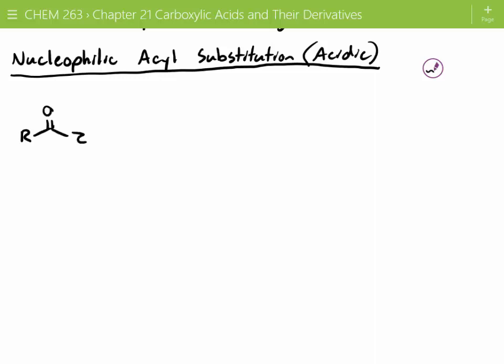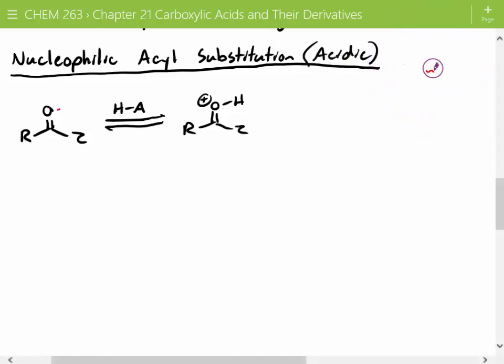All right, so if we've got our carboxylic acid in an acidic medium, what's going to be the first step? Protonation. Because proton transfers are faster than all other sorts of chemistry. So first step will be our protonation.